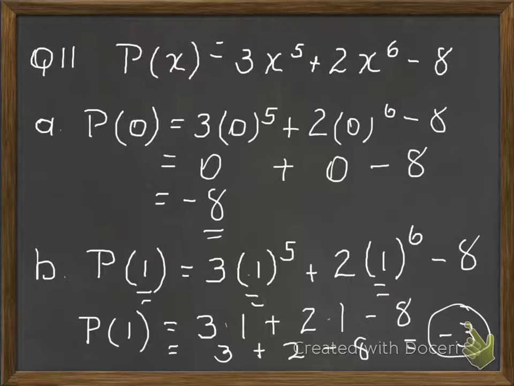Finally, on part C, you're going to find p of minus 4, putting this into the equation that you still see on the handout. 3 times, I'm going to replace the x with minus 4.